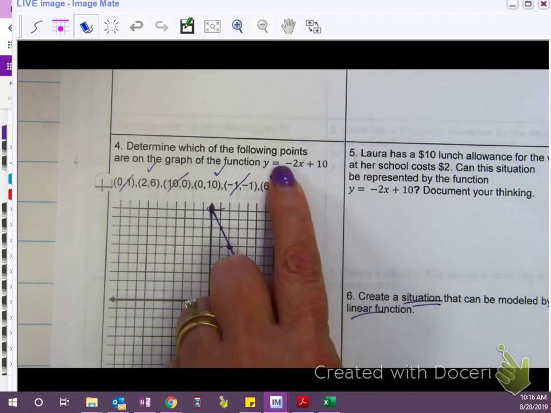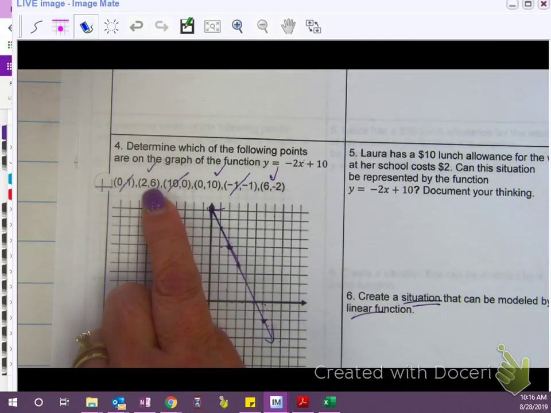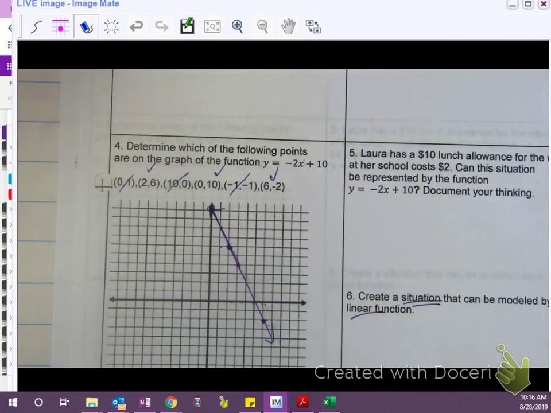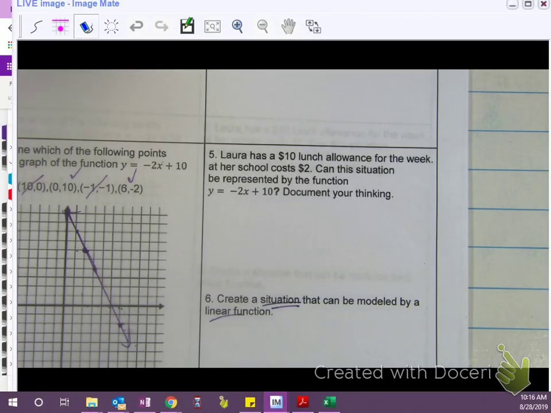You get negative 2 times 2 is negative 4, plus 10 is 6, and that works. So that one is a point on the graph. So either way, you could do that. Right? Okay, this next group, haven't asked you guys yet.